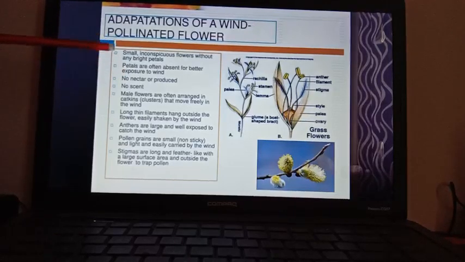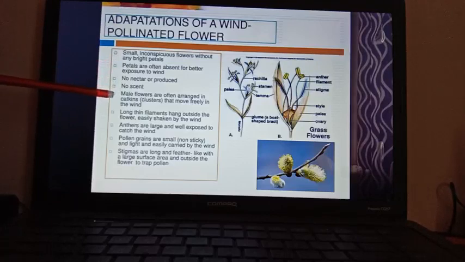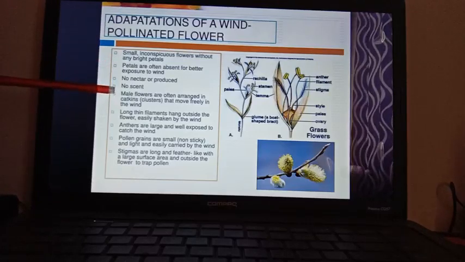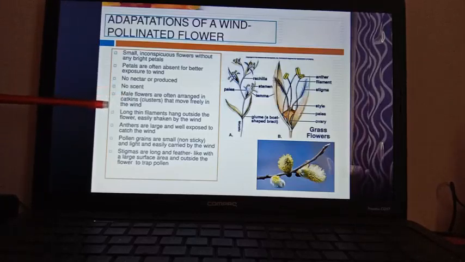So these characteristics are not required here. Petals are often absent for better exposure to the wind. No nectar is produced. No scent. Male flowers are often arranged in catkins, that means in clusters, that move freely in the wind.